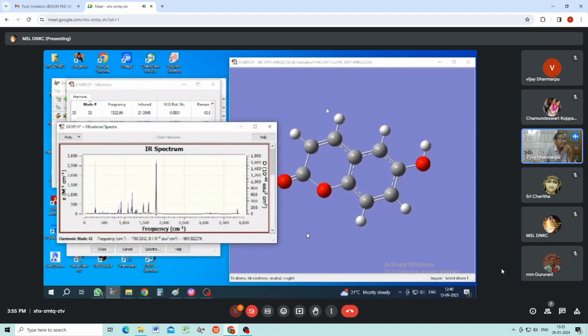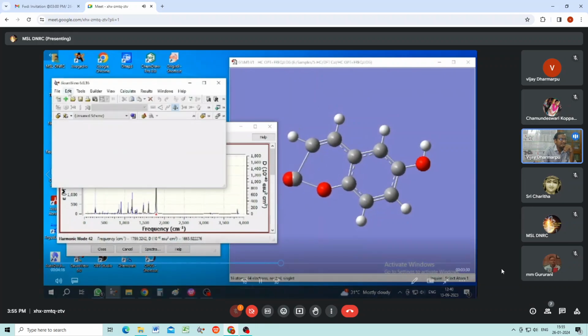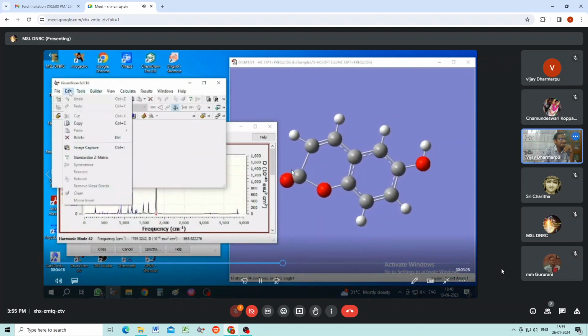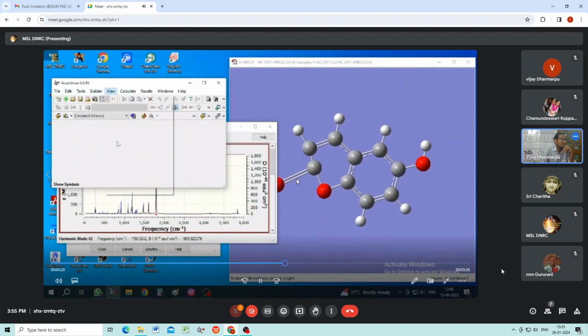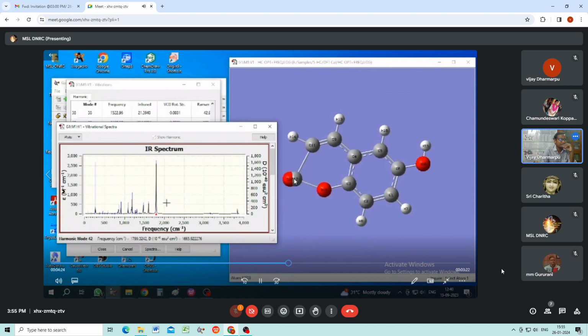See, this is the peak. The higher peak is the C=O double bond stretching, which is around 3100, and this is OH.